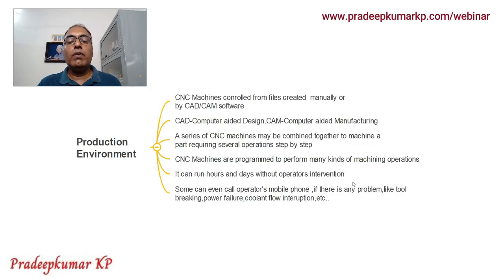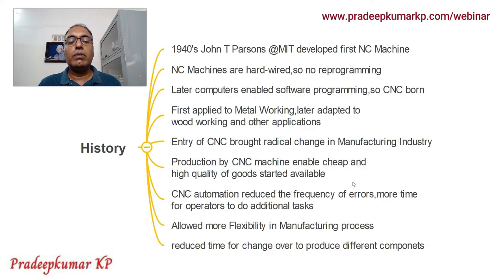So it allowed more flexibility in the manufacturing process. You can do a number of jobs on the same machine itself. You need not go to a number of special purpose machines.